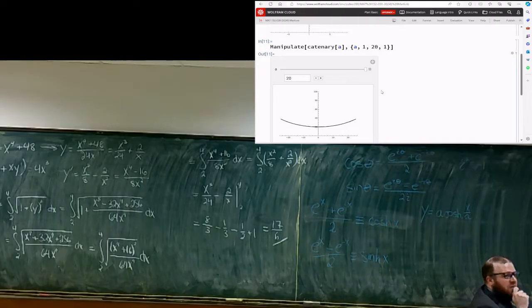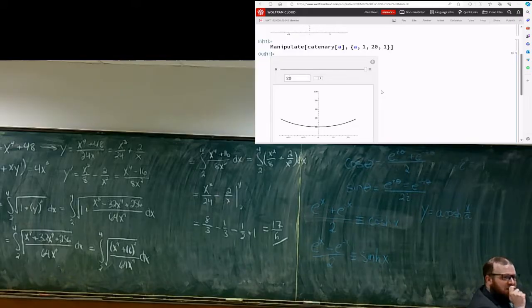Where do you see that kind of curve every single day? It looks like a smile. I could actually put big dots for eyes.